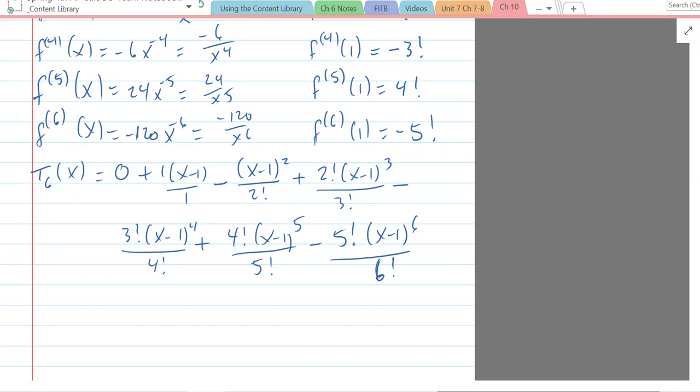And notice, when you cross this out, that 2 factorial, this is just going to become 3. 3 factorial cancels out the 3 factorial, you're left with 4. This is left with 5. This is left with 6.